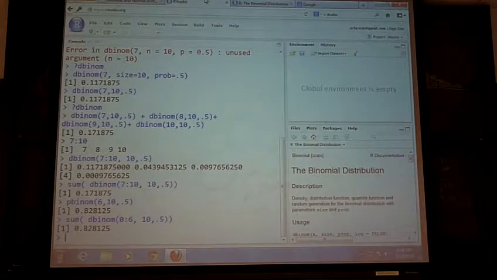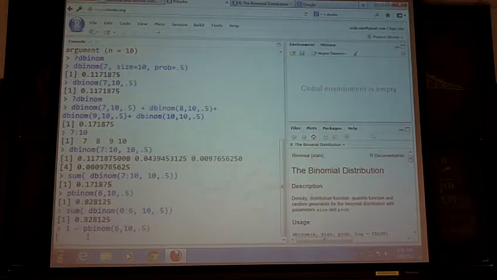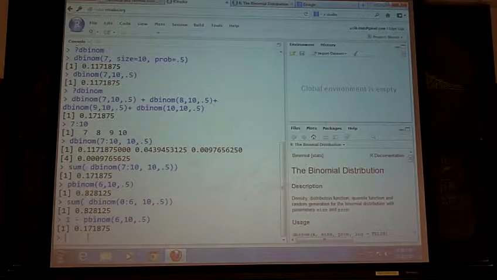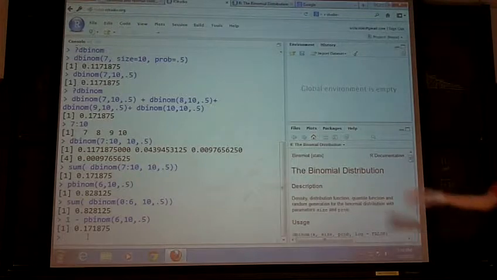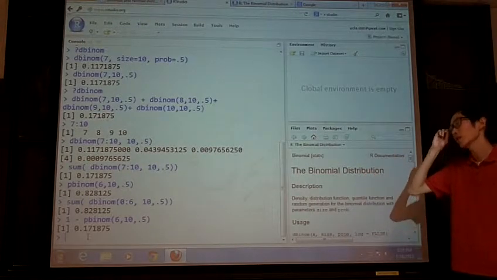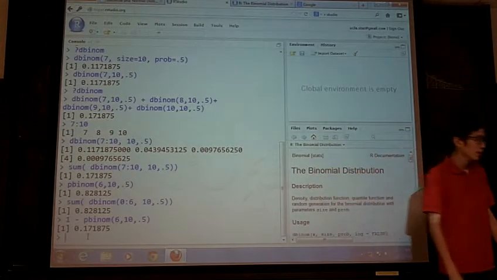So another way of getting the exact same answer is 1 minus pbinom(6, 10, 0.5). And that's going to give us that answer. Okay, so it's kind of neat, right? Saves us some work.